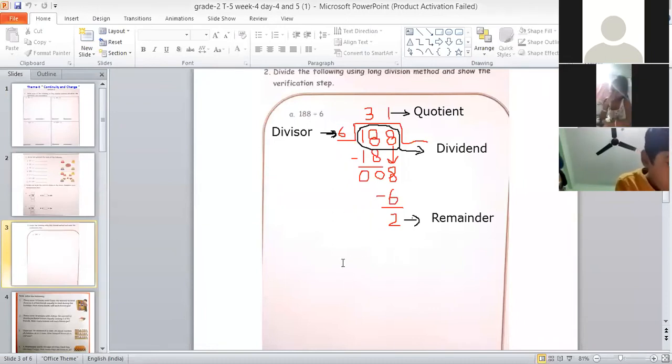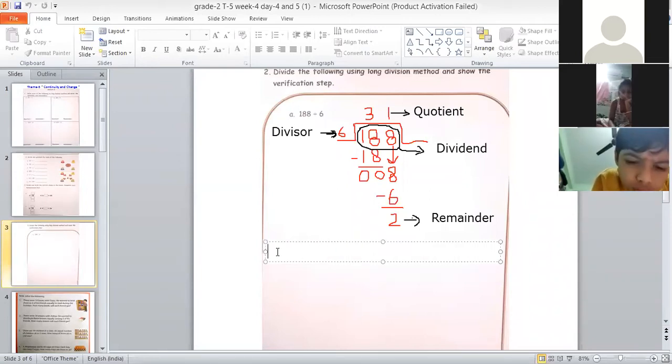Now our next step is we have to show the verification step. What is our verification step, children? See, there is one formula, I'll be writing that formula here. And you have to write that in your math course book only, okay?